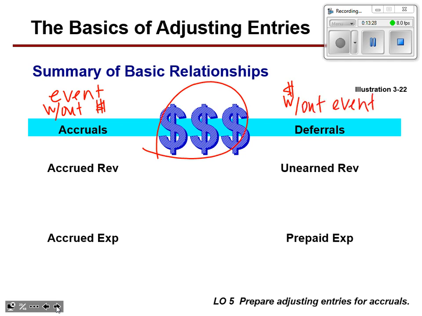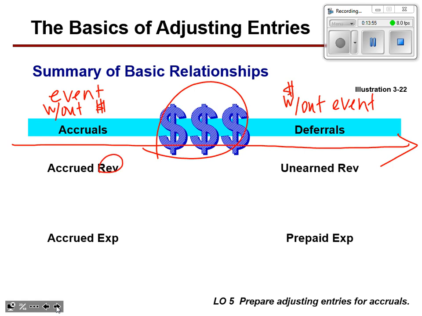Sometimes students like this visual better because it shows, okay, here's the event happening, haven't got the money yet. So if you think of this as like a timeline, here's the event before we get paid. Here's the money on the table. The event will come later. So it's flipped from your other notes. I think it's kind of helpful.